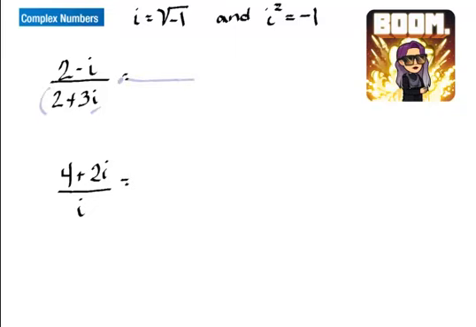So what I'm going to do is multiply just like I did with square roots. I'm going to multiply by the conjugate, and the magic will happen in the denominator, and then I can make this just a plain real part and a plain imaginary part. So here we go. Let's play. I got 2 times 2. Well, that's a 4.